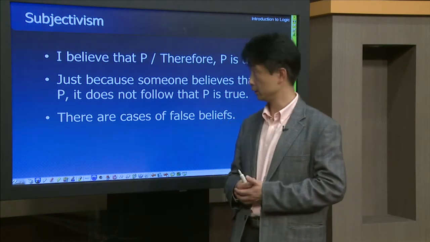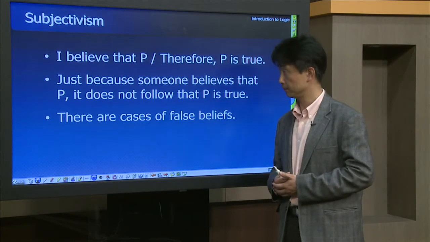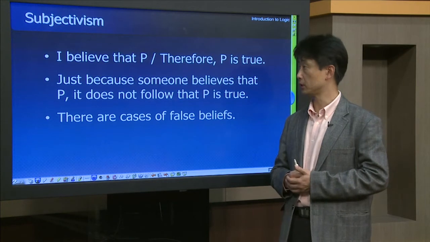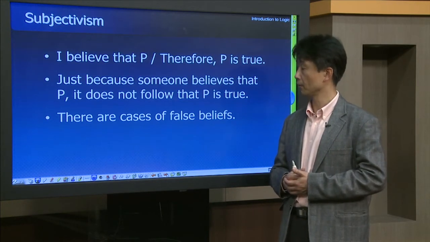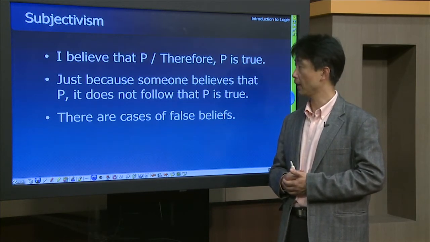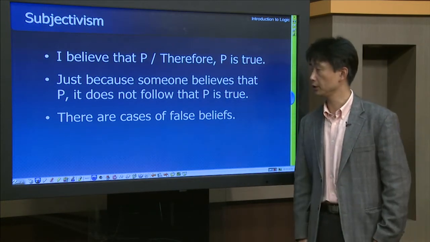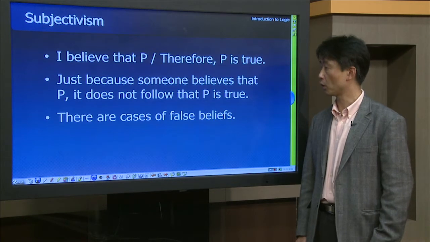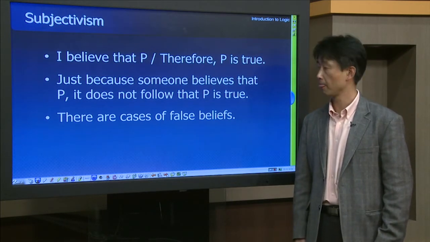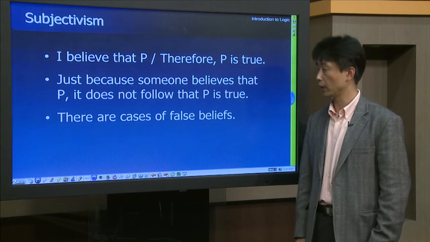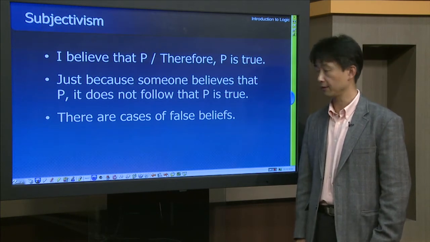The first one is called subjectivism. The general form of subjectivism is this: I believe that P, therefore P is true. Now this is a fallacy because just because someone believes that P, it does not follow that P is true. And we know that there are cases of false beliefs.